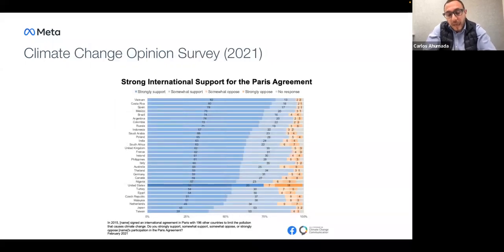And this is again one of the surveys that I'm most excited about this year. This is the Climate Change Opinion Survey, which measures the knowledge and the knowledge gaps, the behavior and trends around climate change and sustainability across the world. I think that this is a one-of-a-kind survey because it measures actual behavior and knowledge and opinions of people.